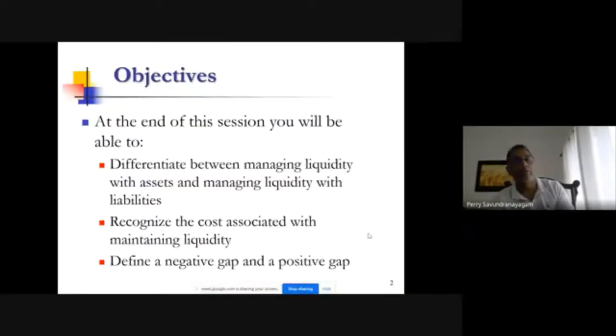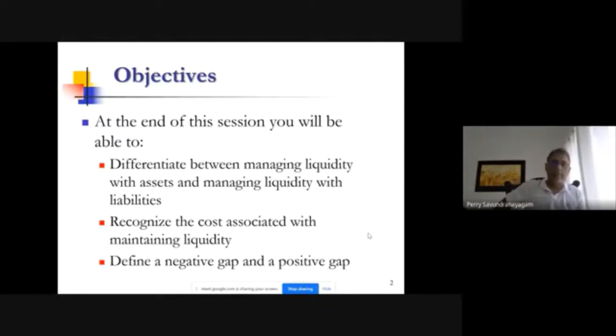But the objective is to learn the differentiation between liquidity management through your assets and your liabilities, and how you make sure, if you have a liquidity requirement, that you can manage it by looking at both sides of your balance sheet, not only one side of it.